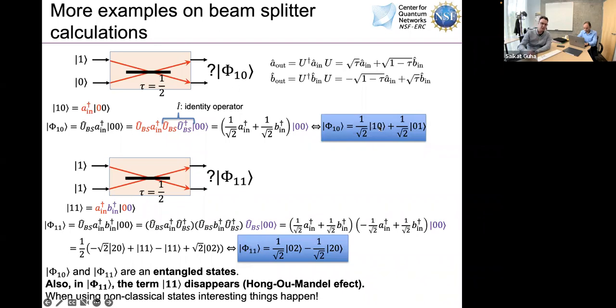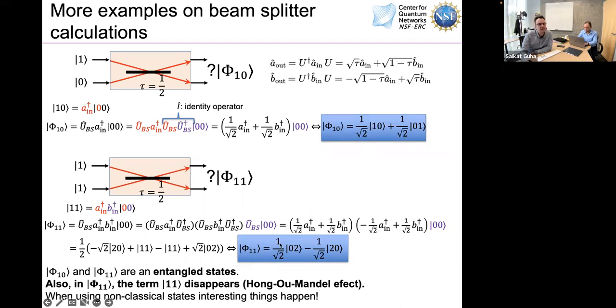Okay. Now you can do the same type of calculation. I have the math here, but I will not go through it. If you have Fock state number 1 here and Fock state number 1 here, so this is your input state, you pass it through the same type of transformation, a balanced beam splitter. The question is, what is the output state? Okay, phi 1,1. Again, the math is just a tiny bit more elaborate. You can work out what the transformation is.